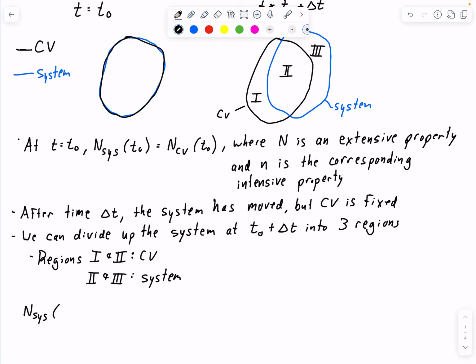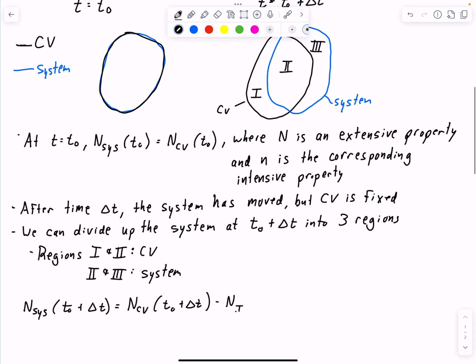So N of the system at time t0 plus delta t is equal to that property in the control volume at time t0 plus delta t, minus the amount of that property in region 1 at time t0 plus delta t, plus the amount of that property in region 3 at that same time point, so t0 plus delta t.